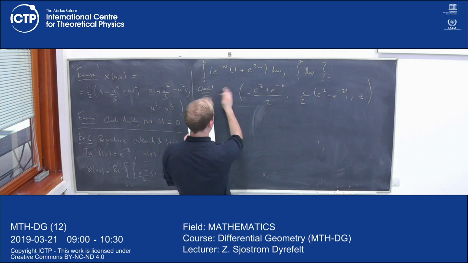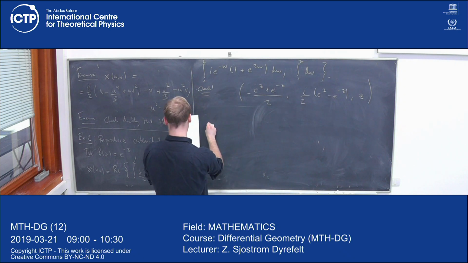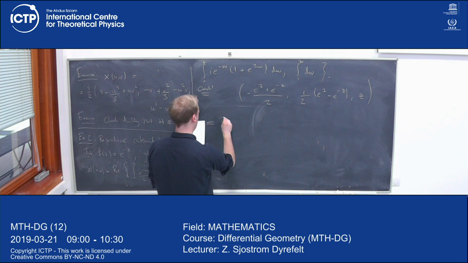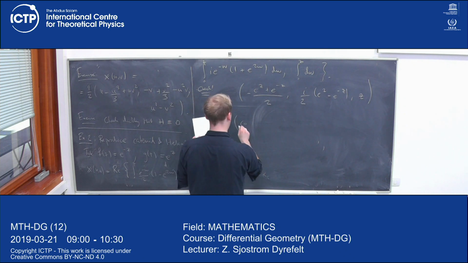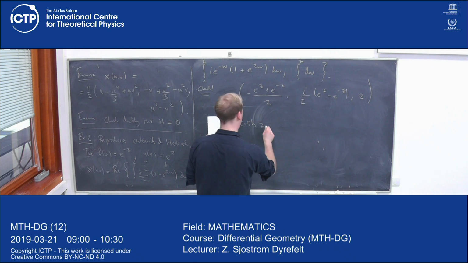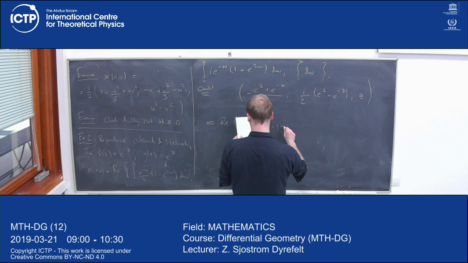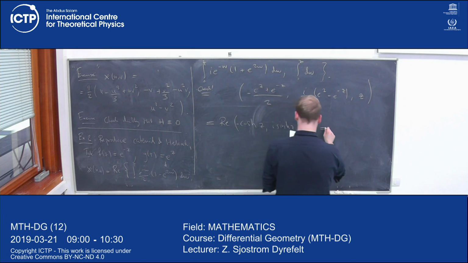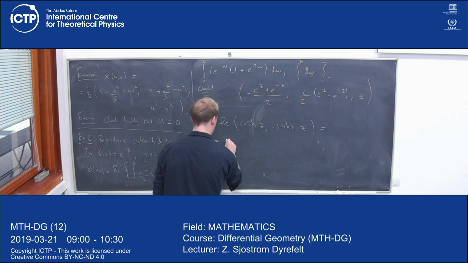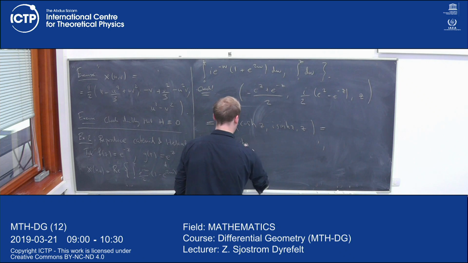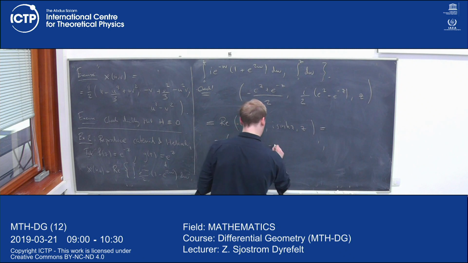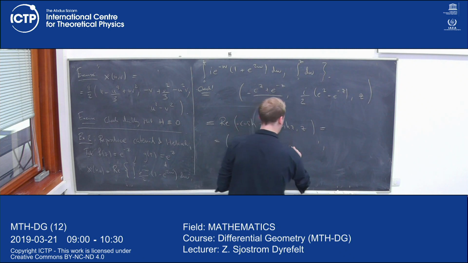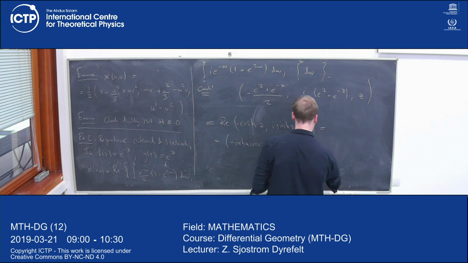Sorry, maybe not the real part, I'm not sure. So it's equal to minus cosine hyperbolic, and again, all of this you need to check, which is equal to minus cosh u cos v, minus cosh u sin v, and finally u.